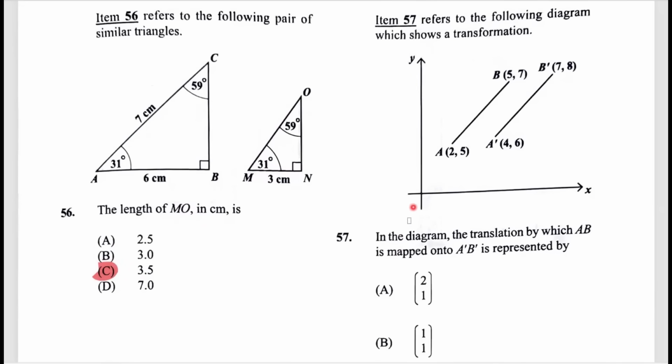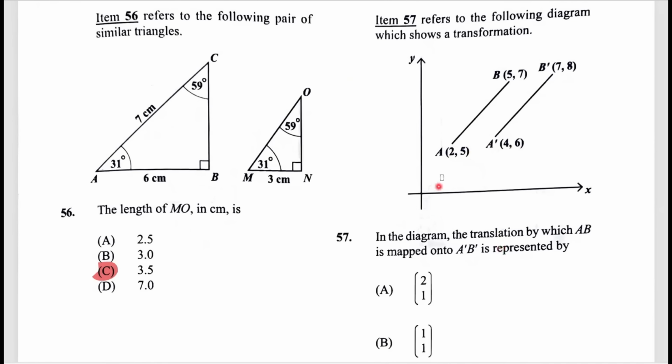57. Translation by which AB is mapped onto A prime B prime. If I look at 4, 6, and I'm going to 2, 5, 4 minus 2 is 2, and 6 minus 5 is 1.